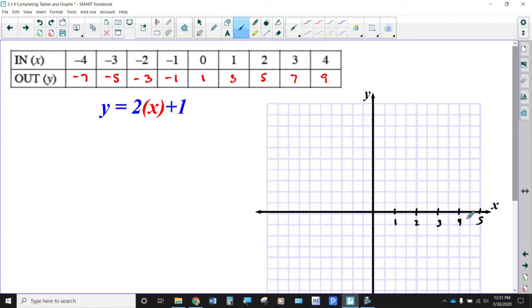But however we do our counting sequence, on the positive side of our x line, we have to do the same on the negative side. So this would be negative 1, negative 2, negative 3, negative 4, and negative 5. Now, if you have a different counting sequence, a different scale for your x-axis than I do, then that's going to affect how steep your line is.